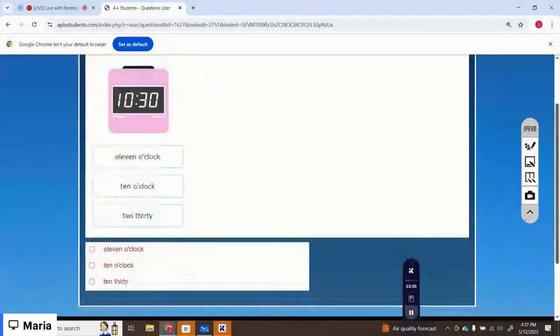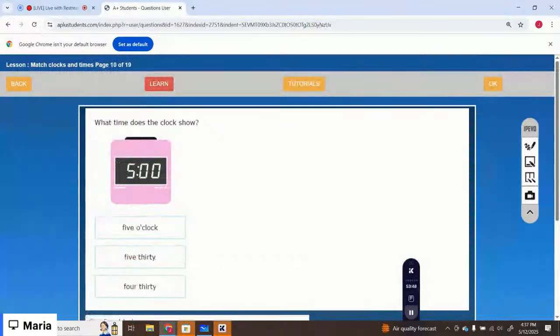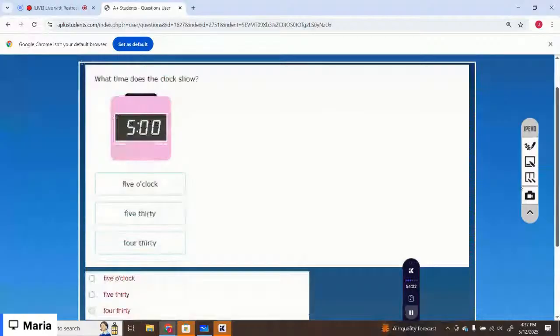The last option is the correct option. What time does the clock show? That is 5 o'clock.